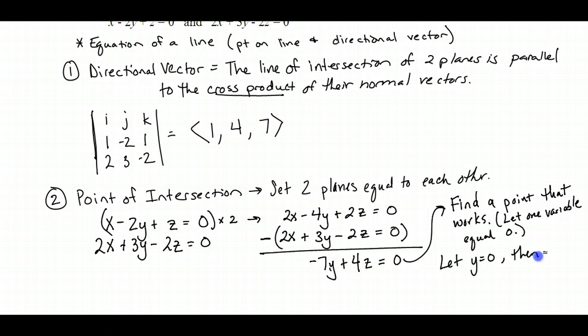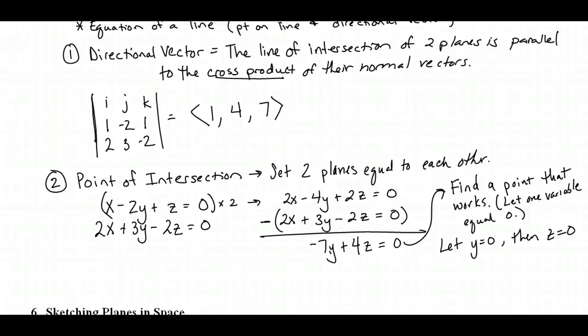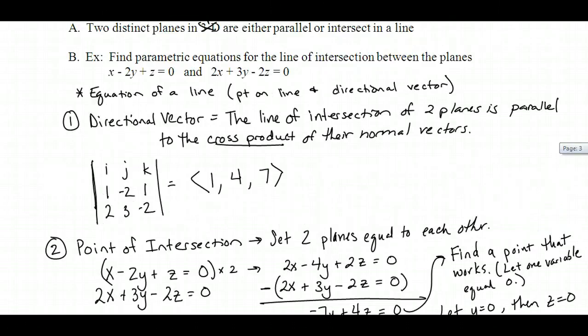So then z is equal to 0. Now go back, and we can plug it into one of our equations. I'm going to go back up here and say, well, if y is 0 and z is 0, what does x have to be? Well, if x is 0, the whole thing is equal to 0.